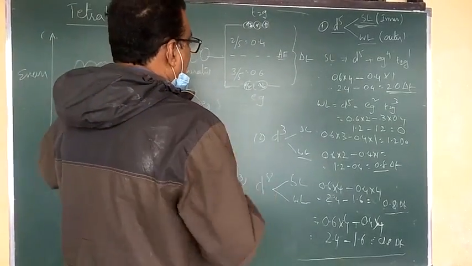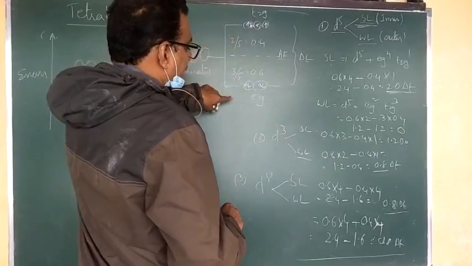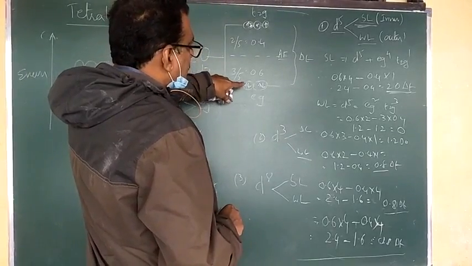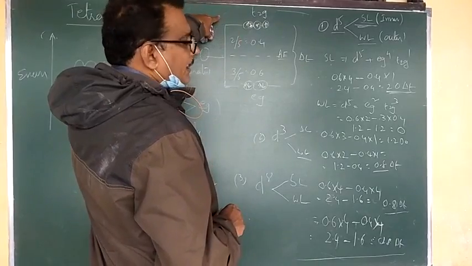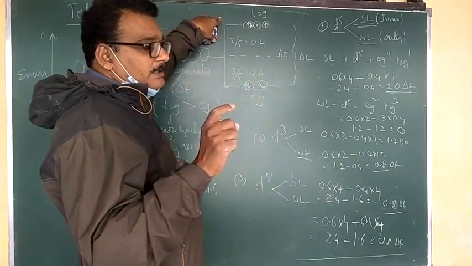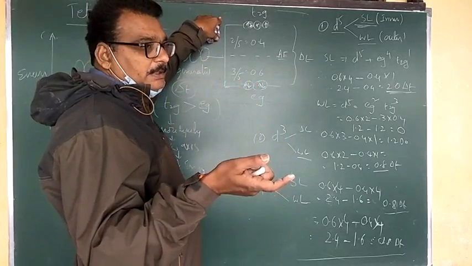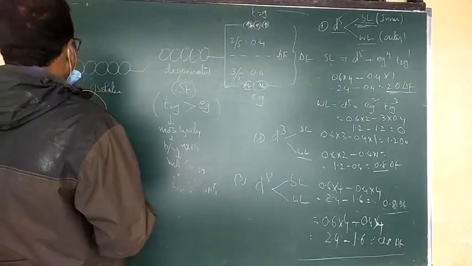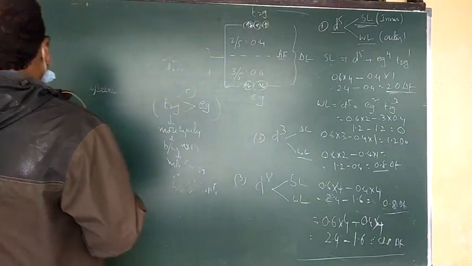Now here, very important: t2g having less energy, eg having more energy. In octahedral complexes, t2g has low energy and eg has the highest energy. Once the octahedral complex is clear, then oppositely you can write it for the tetrahedral complexes. Now, what is the relation between tetrahedral and octahedral?